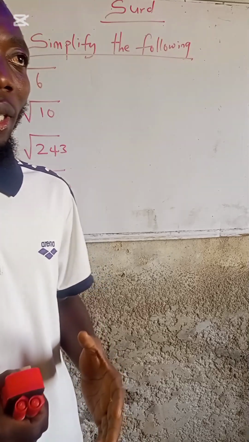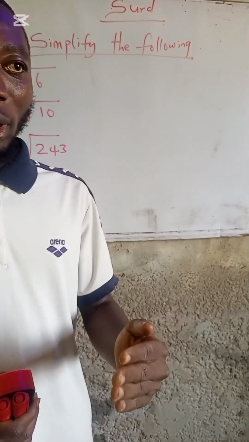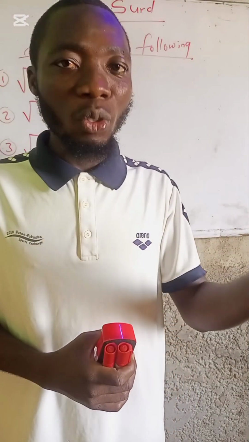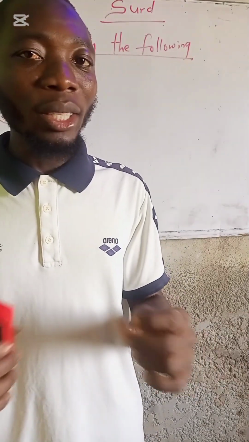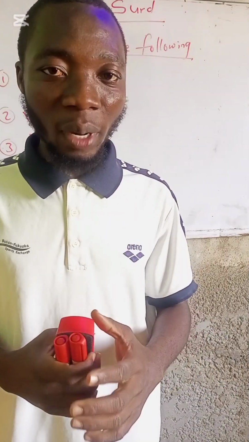Anytime you want to simplify a surd, it is only possible if you have a perfect square multiplying a non-perfect square number. That is when you'll be able to simplify it.